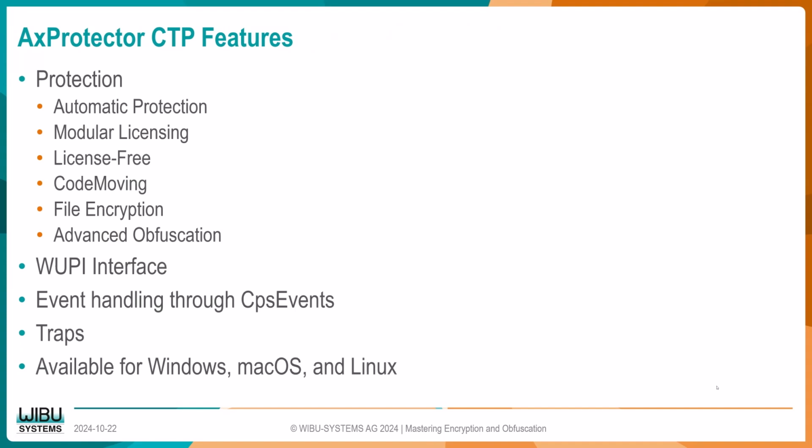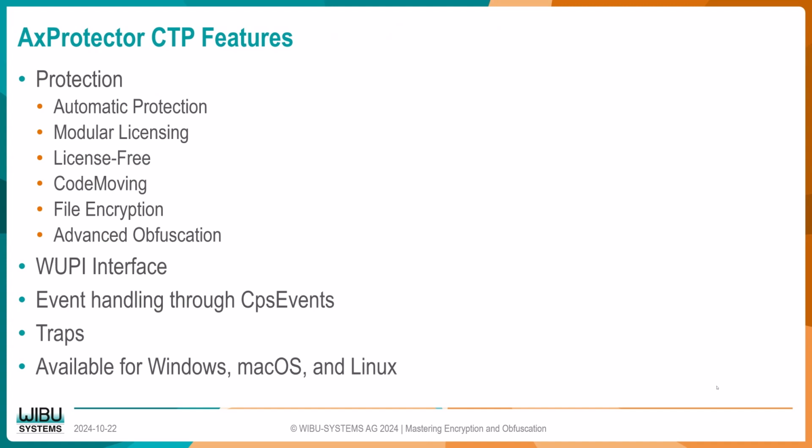Okay, let's take a look at the features of AxProtector CTP. At the beginning, I told you that it was simply an advanced obfuscation for our own internal tools. But now we decided to have the same functionalities that you know from our classic AxProtector. So if you take a look, we have the option of the automatic protection.